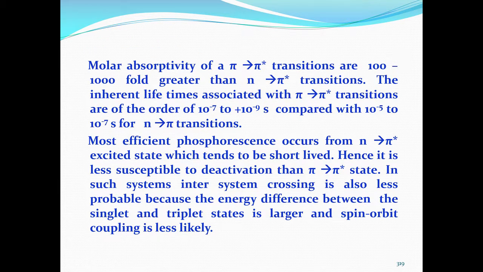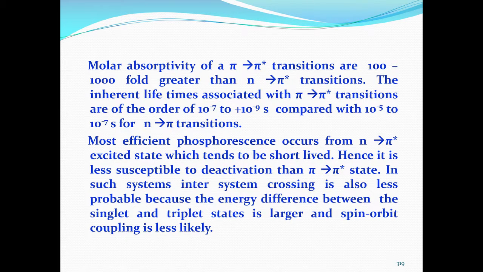So, molar absorptivity of pi to pi star transitions are approximately 100 to 1000 fold greater than n to pi star transitions. The inherent lifetime associated with pi to pi star transition are also of the order of about 10 raised to minus 7 to 10 raised to minus 9 seconds, of course, compared with 10 raised to minus 5 to 10 raised to minus 7 seconds for n to pi star transitions.